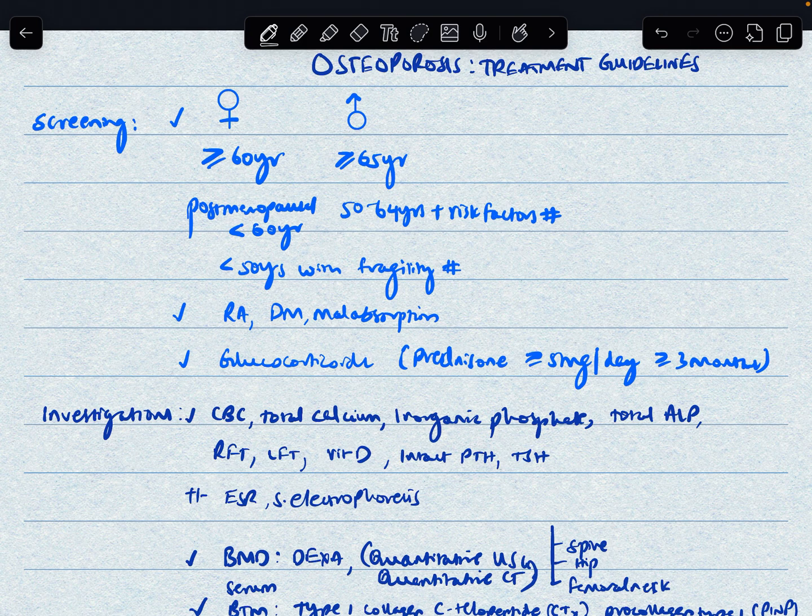Any female patient more than 60 years or any male patient more than 65 years can be advised osteoporosis screening, and postmenopausal women less than 60 years or males 50 to 60 years with associated risk factors for fractures, and any patient less than 50 years with fragility fracture, or patients who have rheumatoid arthritis, diabetes mellitus, malabsorption, and those on high dose long term glucocorticoids are screened for osteoporosis. Now, how do we screen these patients?